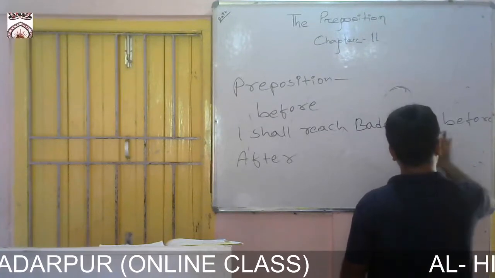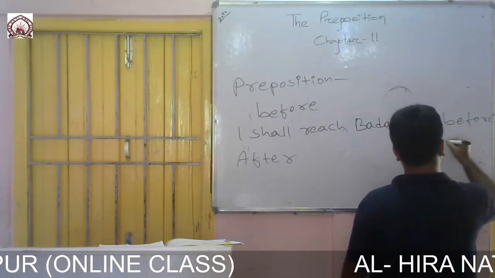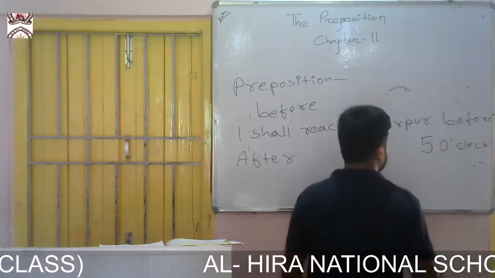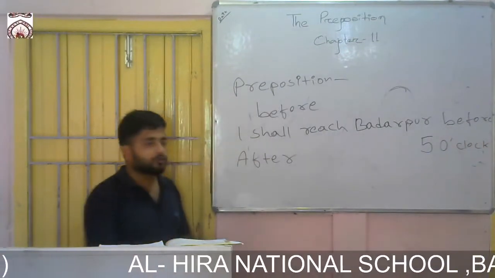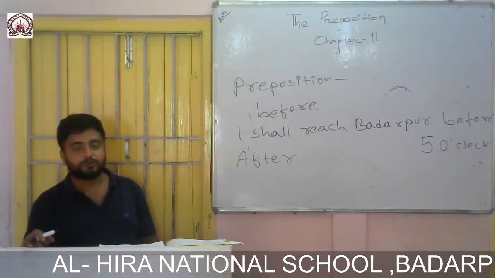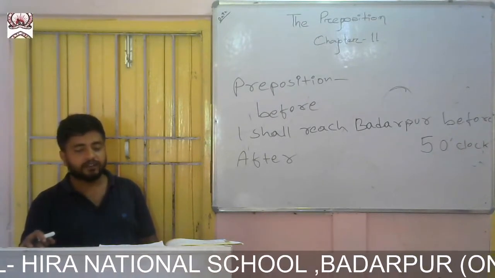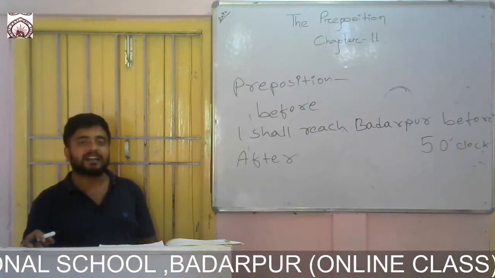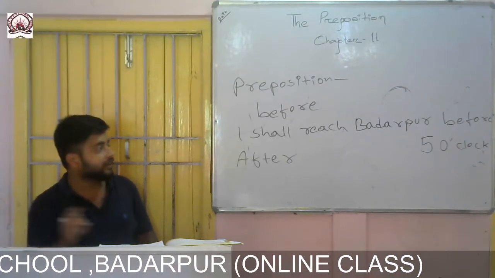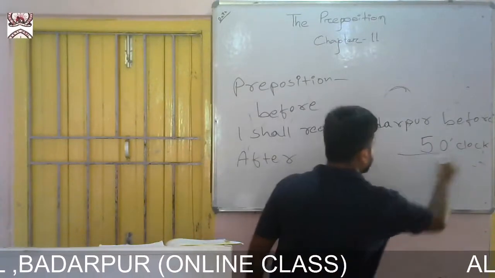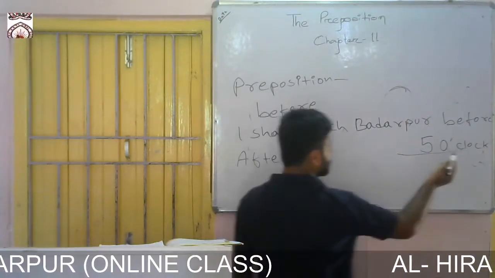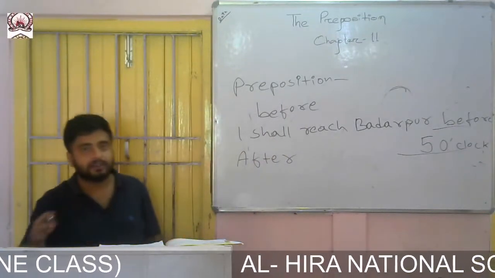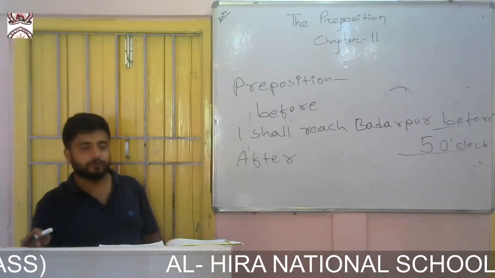Before 4, or you can say 5 o'clock, C-L-O-C-K. So where do we have to use before? We have to use before to indicate a time earlier than the given time. So the given time is 5 o'clock. To indicate earlier, we have to use the preposition before.